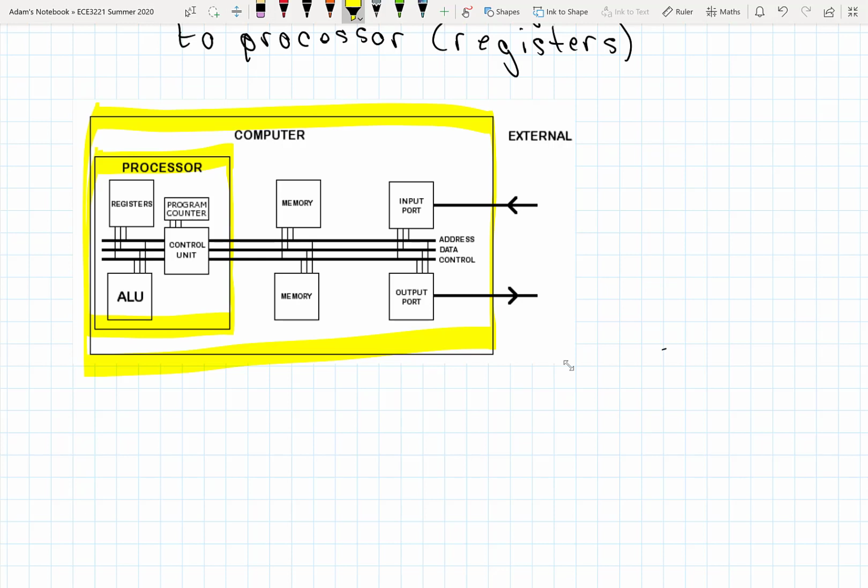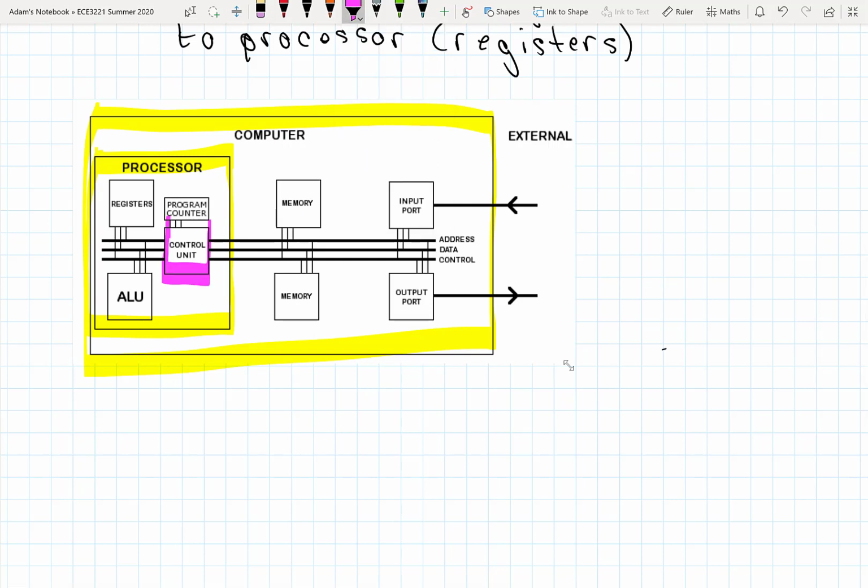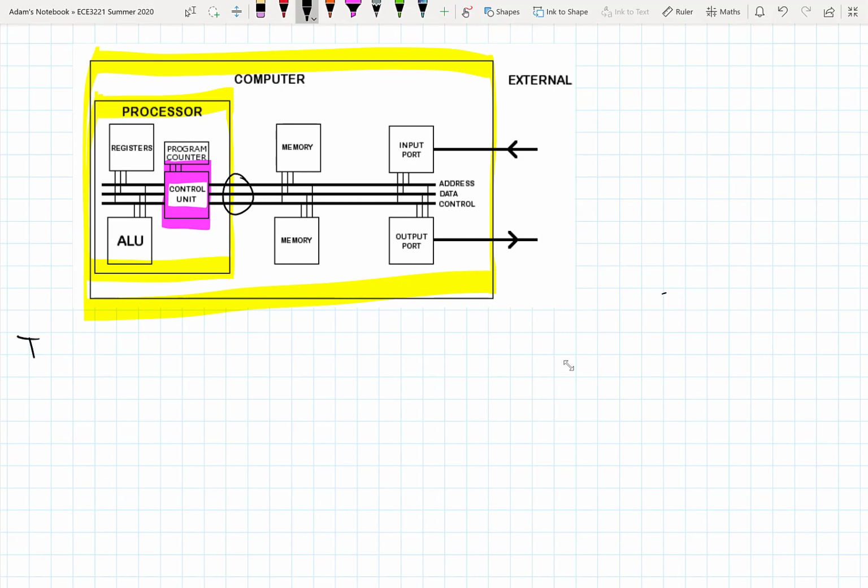Okay, let's focus our attention for a second on the control unit component of the processor. We touched upon the control unit briefly when talking about DMA, and said that the control unit can disconnect the processor from those system buses. Okay, let's look a little bit more at what exactly it is that the control unit does in our processor.